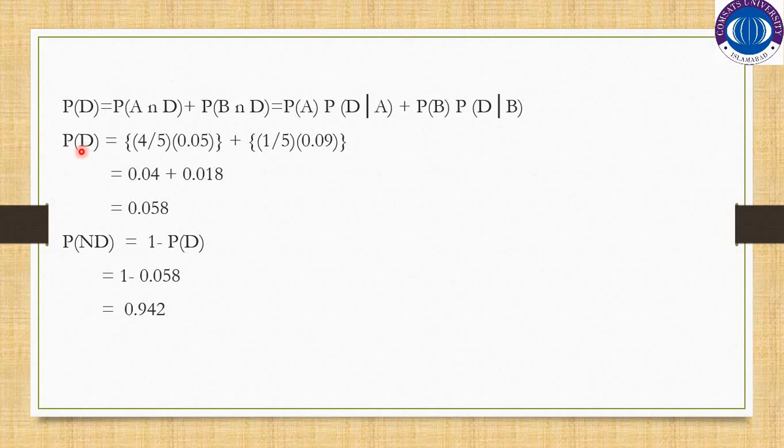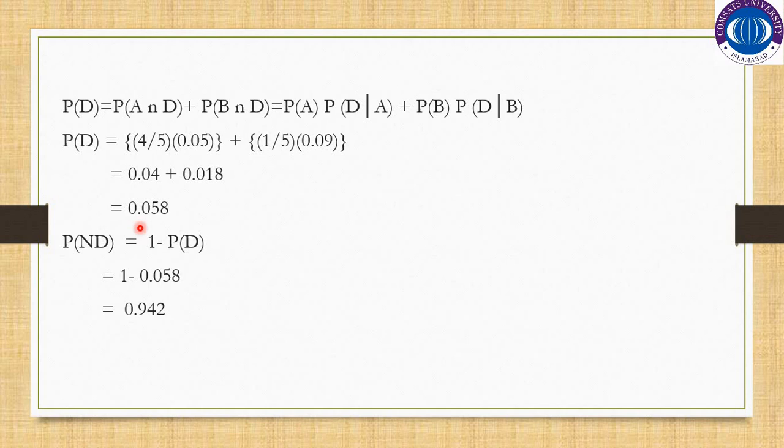Now the probability that a defective part is coming is equal to probability of A, which we found is 4 by 5, times the defective part coming from supplier A, 0.05, plus supplier B's probability, 1 by 5, times the defective part coming from supplier B, 0.09. The probability that a defective part will come is 0.058.